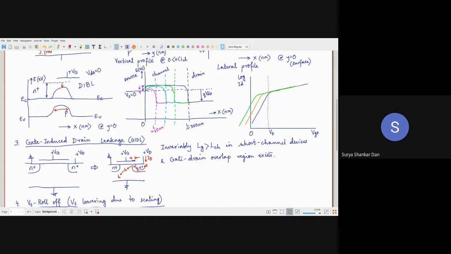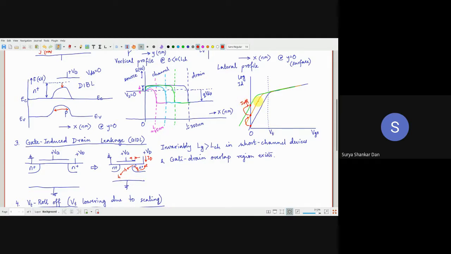So what do we understand? The first phenomenon is, we all understand this very clearly now, your I off will keep on increasing steadily. Everyone with me until now?